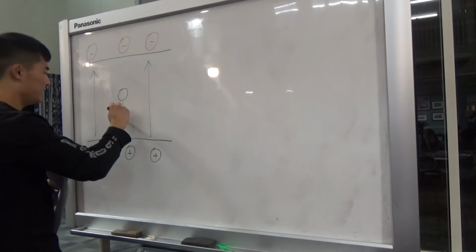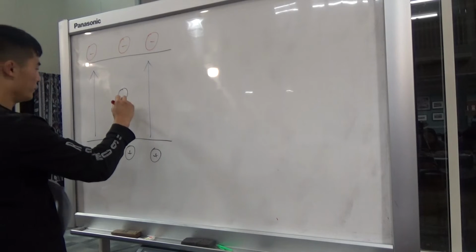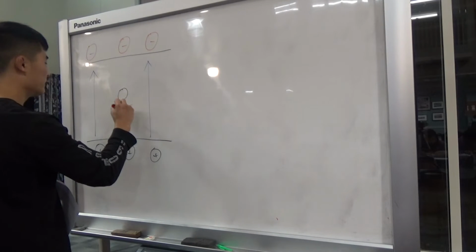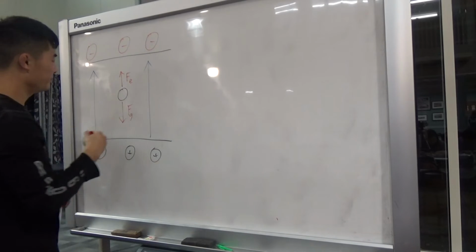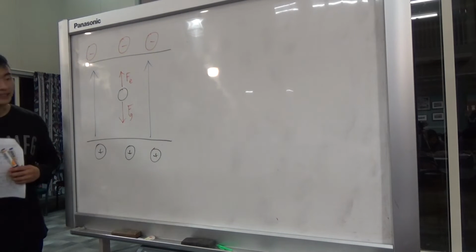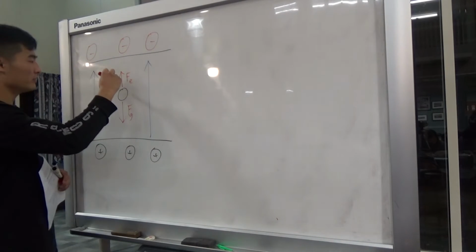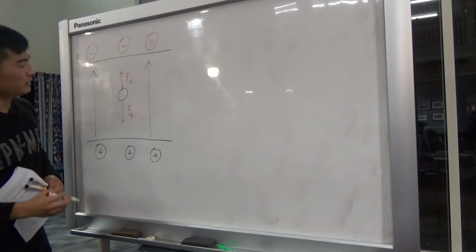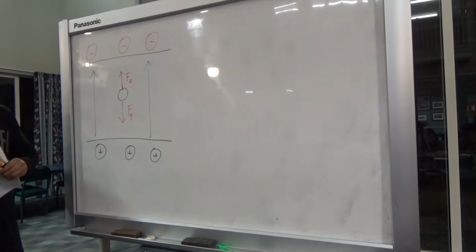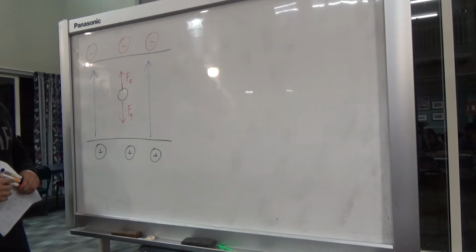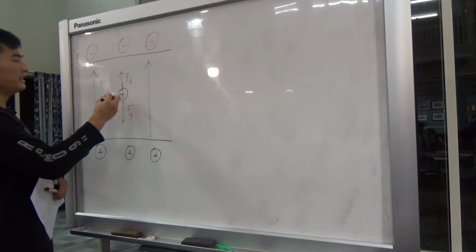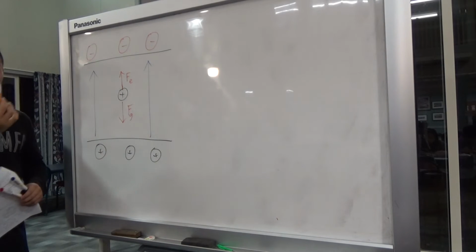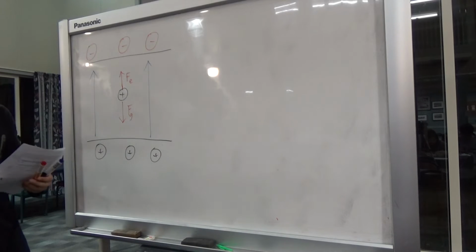And if we know that there's a downward gravitational force, there must be an upward electrical force, because it has to be stationary and net force has to be 0. Okay. So that means that this charge would have to be positive in order to be attracted to the negative top plate.